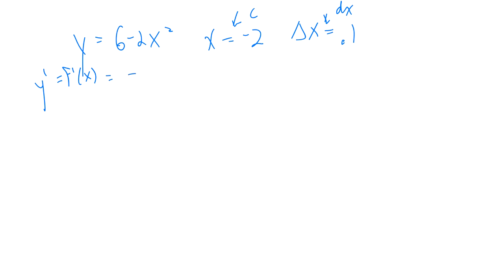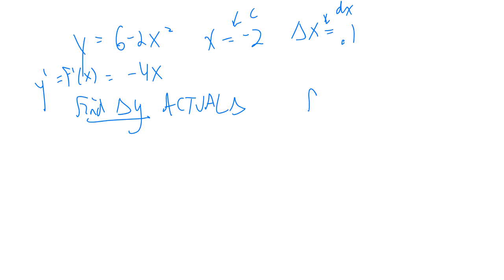That's a pretty simple derivative there. And we're going to find the change in y, which is the actual change, and then we're going to find dy, which is the approximated change.